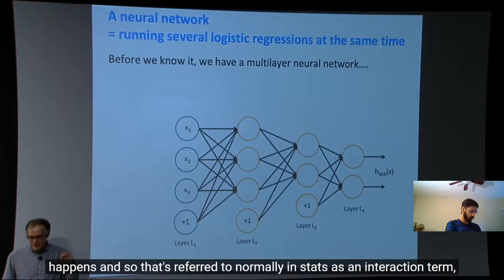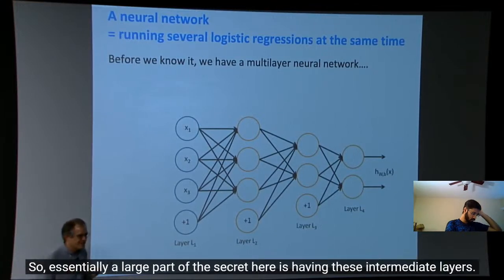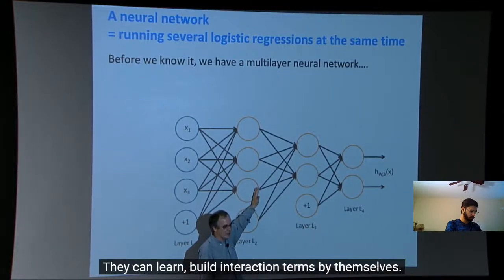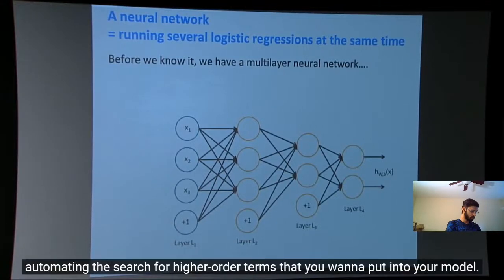That's normally referred to in stats as an interaction term, and you can by hand add interaction terms to your model. So essentially, a large part of the secret here is having these intermediate layers. They can build interaction terms by themselves. It's automating the search for higher order terms that you want to put into your model.